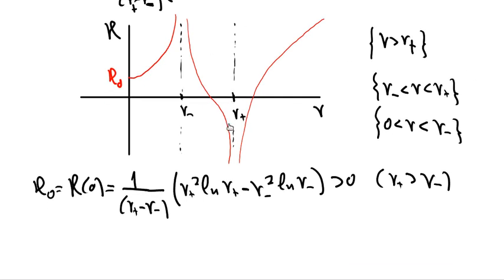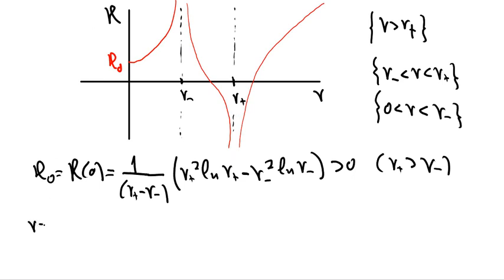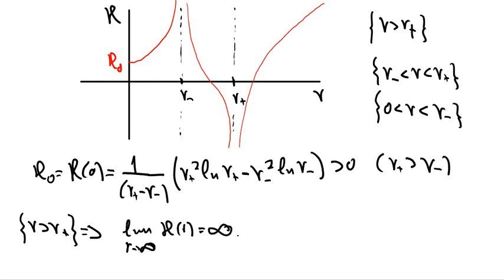So let us take r greater than r plus. In this case, just looking at the graph, we see that the value of big R when small r equals r plus is minus infinity.